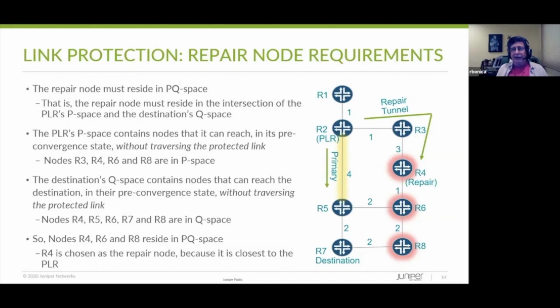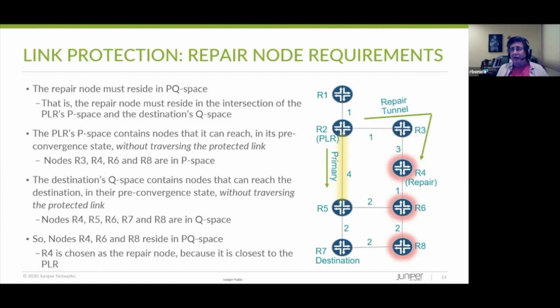So, in this example, R2 in its pre-convergence state can reach R3, R4, R6, and R8 along the pre-computed path, along the least cost path without traversing the protected link. You'll notice that it can't reach R5.